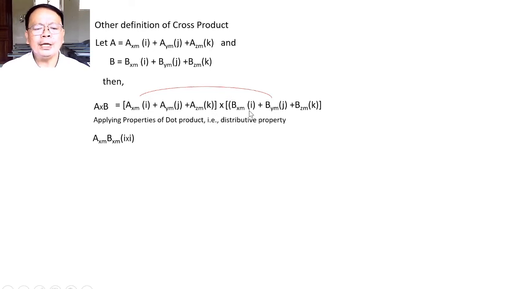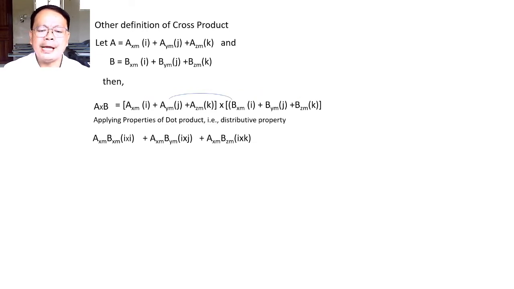Similarly, we have AX i cross BY j, meaning we can combine AX and BY so that i cross j is multiplied. Following the same, this will be equal to AX BZ, i cross k.